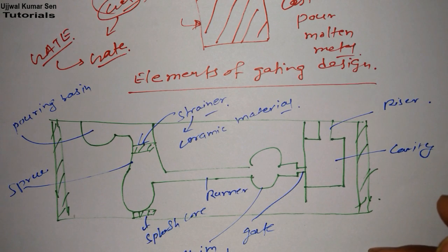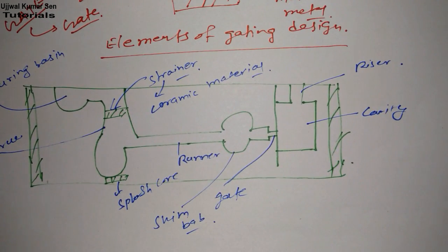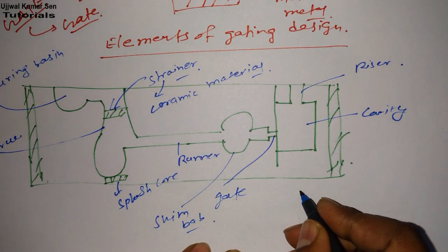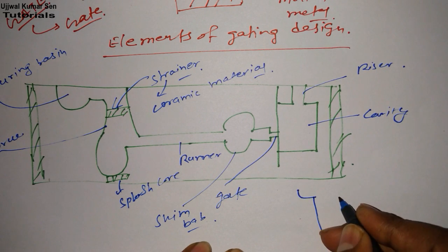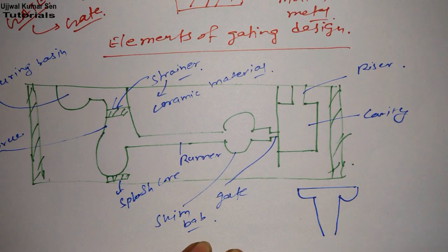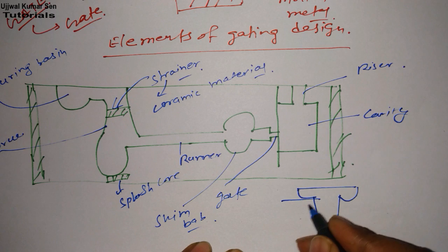Now I will go for the most important part, the gate. But before the design of the gate, let me share what we use in the sprue and the main things to remember.